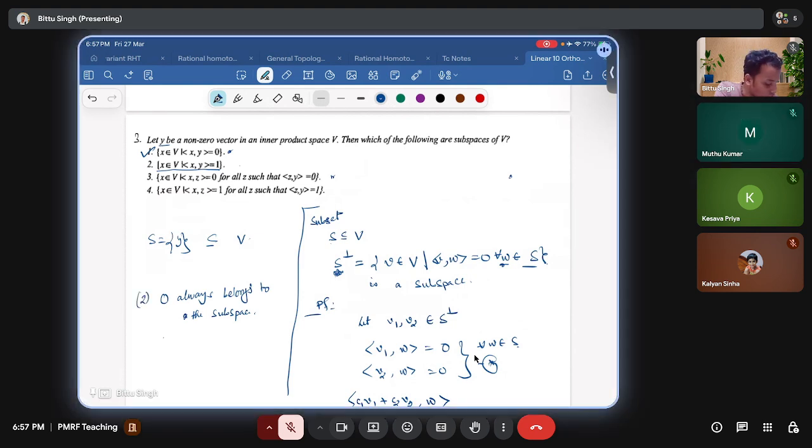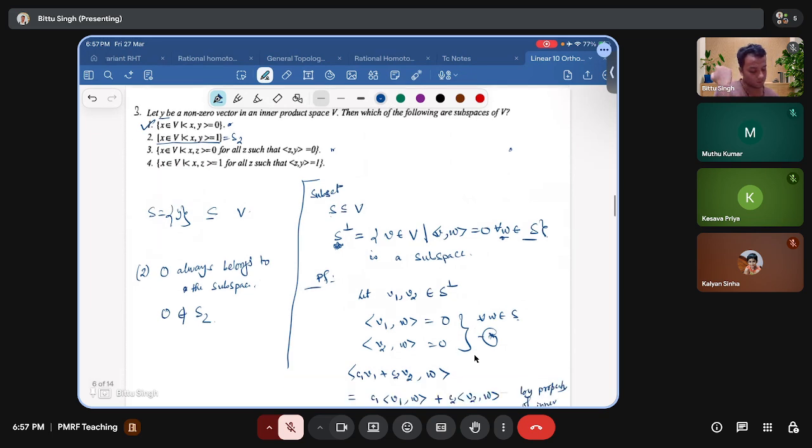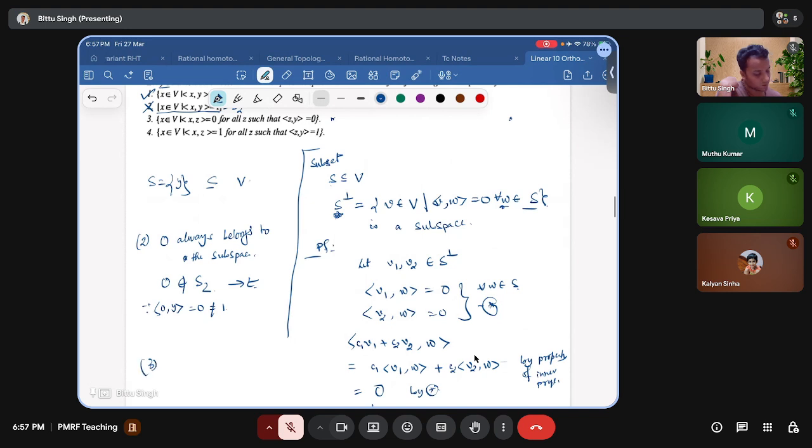So for option 2, 0 does not belong to this subset. Suppose this is S2, so 0 does not belong to S2. So we are getting a contradiction. 0 with 0 inner product y is always 0. So 2 is false.